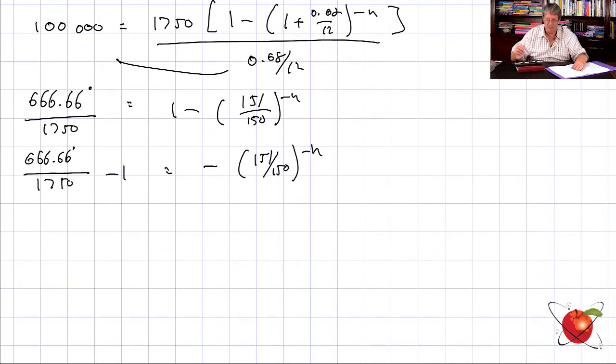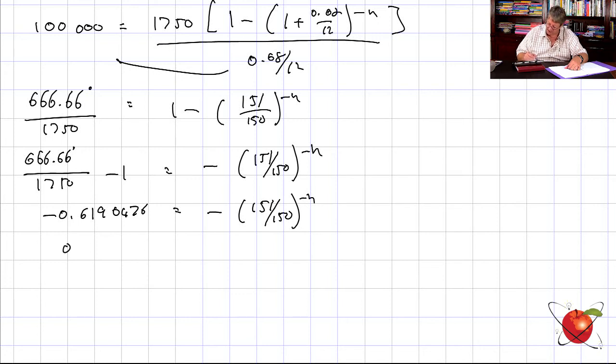Okay, we've done these before. This is all a recap. Therefore, that is going to be minus 0.6190476 is equal to minus (151 over 150) to the minus n. Change sign and we get 0.6190476 equal to (151 over 150) to the minus n.